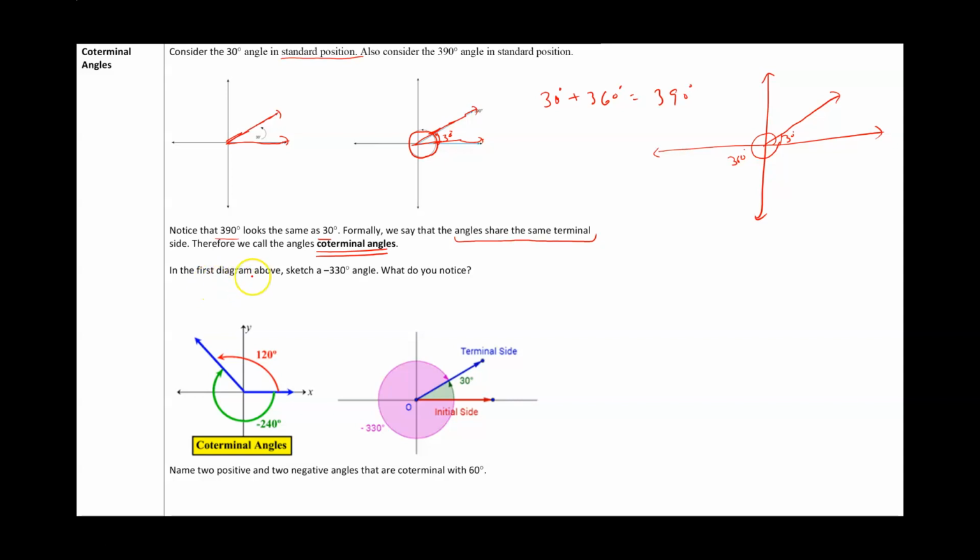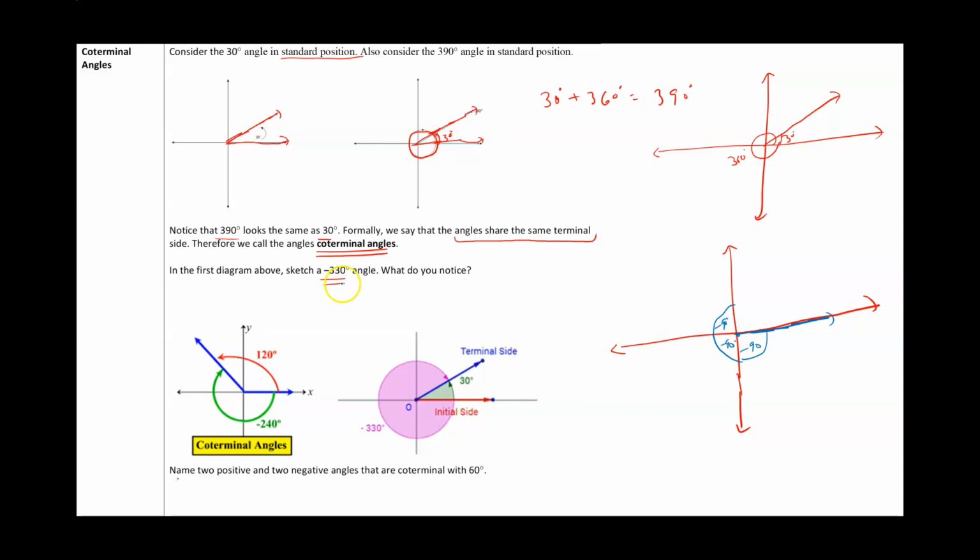So we want to sketch now a negative 330-degree angle to see what that looks like. So a negative 330-degree angle is going to look like this. Okay, so our initial side is going to be on the x-axis, as always, positive x-axis. So this is negative 90. That's 90 more, that's negative 180. That's 90 more, that's negative 270.